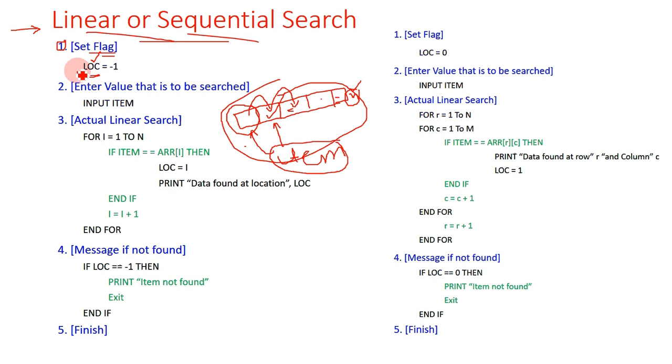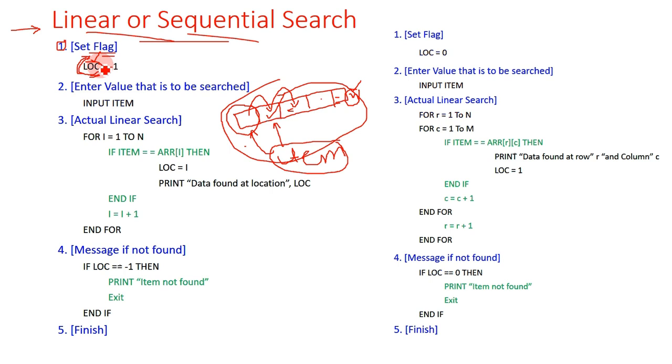One purpose is that LOC will work just like a flag. Another purpose is that, if the item is found, LOC will store the index of the array at which location the item is found.